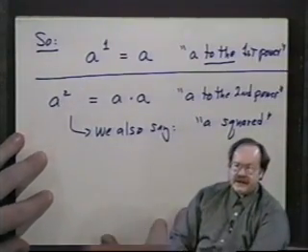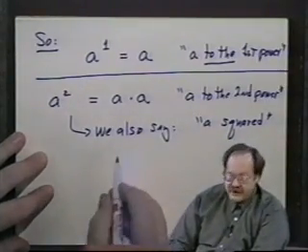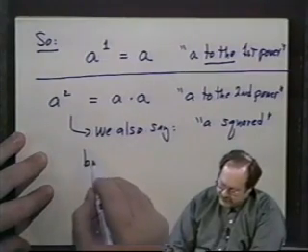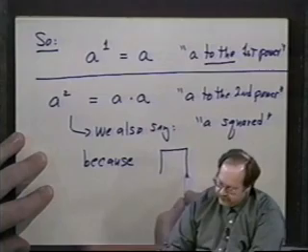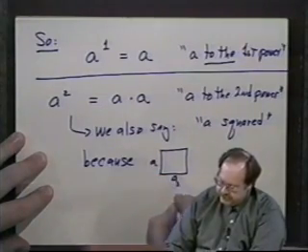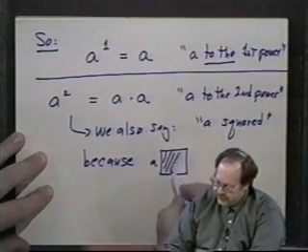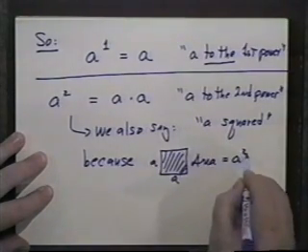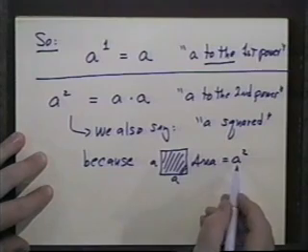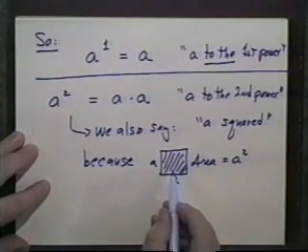Now why would we say A squared? Well, this actually is related to a square. If you take a square of side A and you figure its area, it is A to the second power. So to say A squared seems natural, and that's where this comes from.